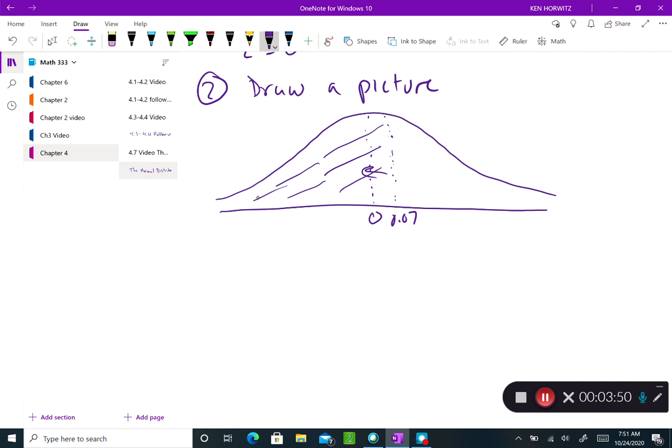So we go to our chart, go down the z column, and find 0.0, and then go over to 7. And we find that our area is going to equal 0.5279.